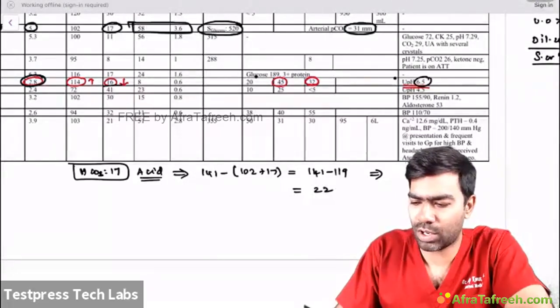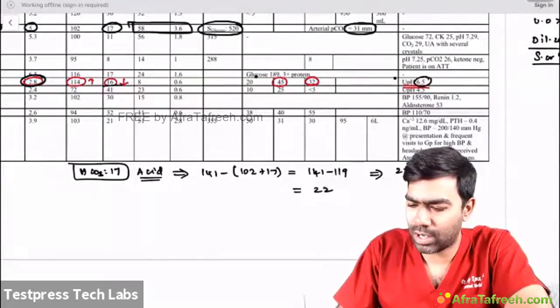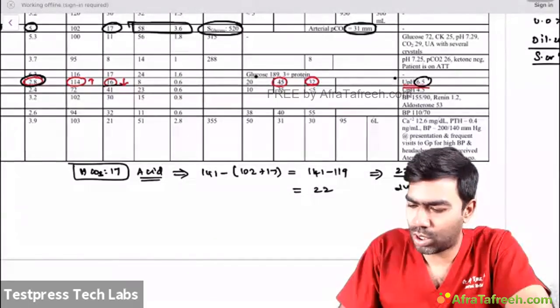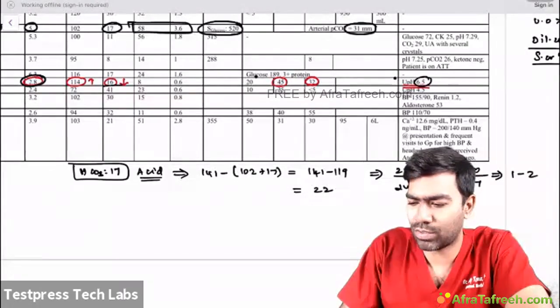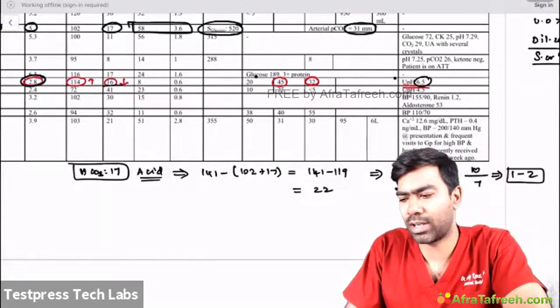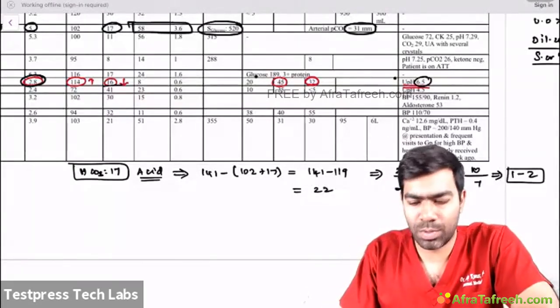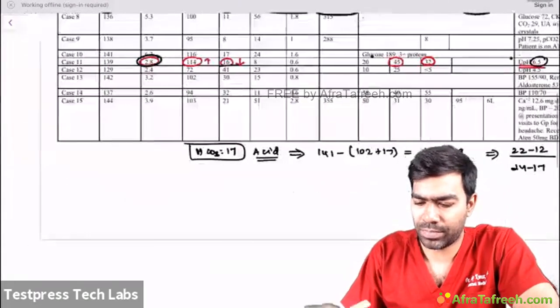Anyway, the difference will not be there, even if it's 22. So anion gap minus 12 divided by 24 minus bicarbonate, that is 17, is equal to 10 divided by 7, which again gives a range somewhere in 1 to 2 only, which means it's an uncomplicated high anion gap metabolic acidosis. There is no associated metabolic alkalosis, to be precise, in this particular example.